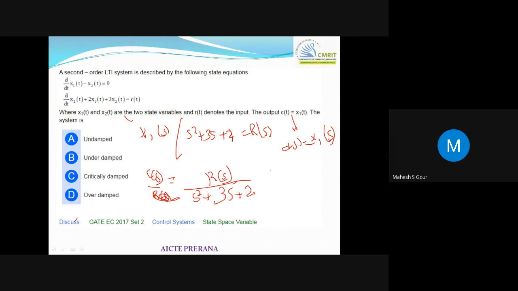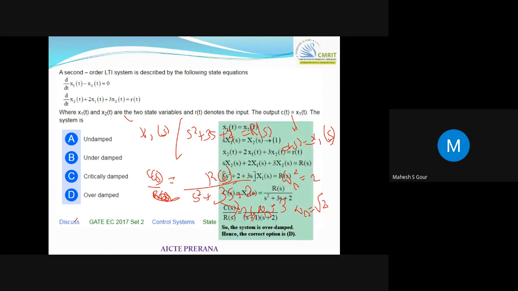Okay, so what is your zeta here? What is your omega n square? Omega n square is equal to 2, so omega n will be root 2. So the second term, 2 zeta omega n, is equal to 3. So what will be your zeta? You can solve like this.